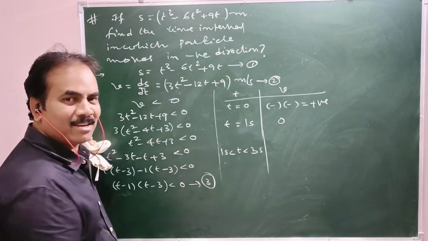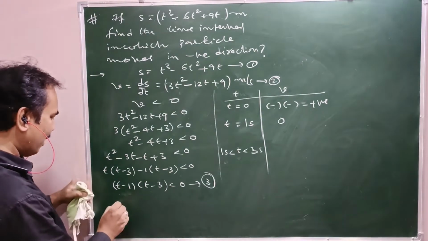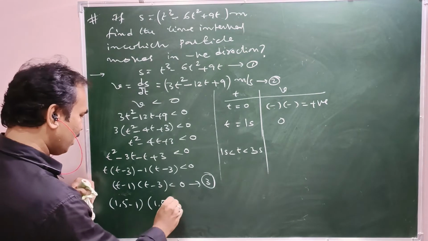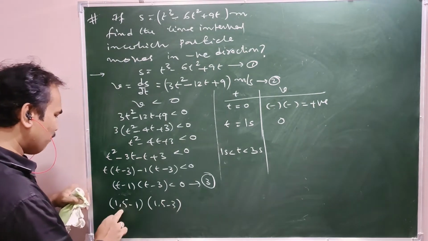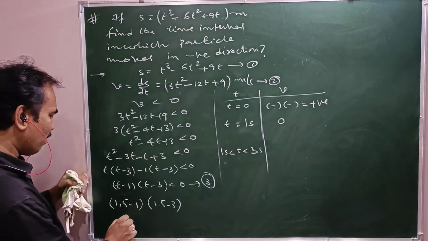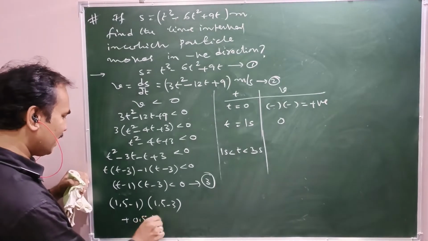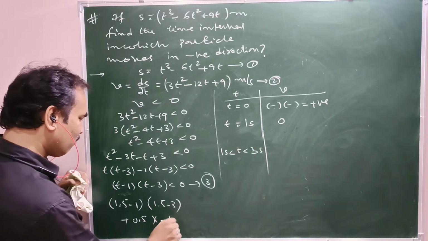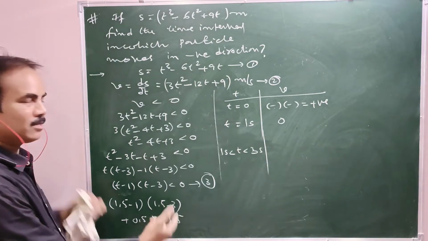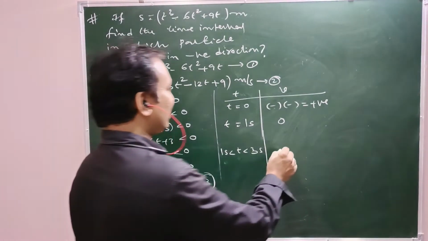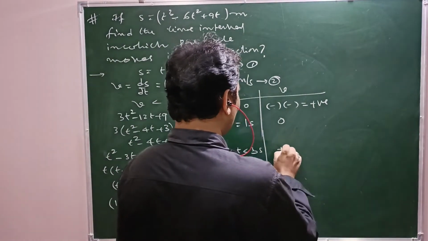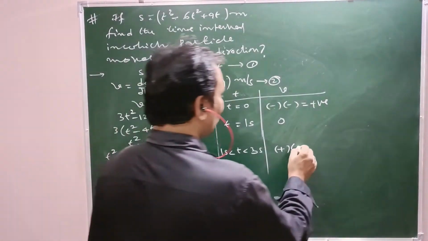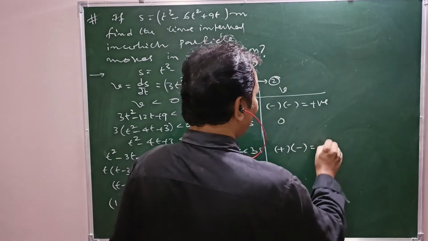Suppose 1.5 seconds as an example. 1.5 minus 1 means plus 0.5, and 1.5 minus 3 means minus 1.5. That is plus into minus. Velocity is negative, since positive into negative is negative.